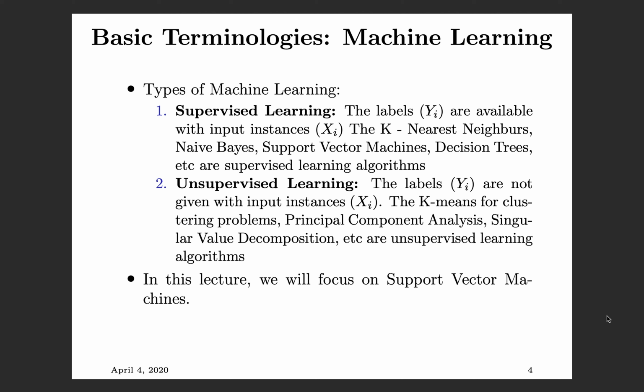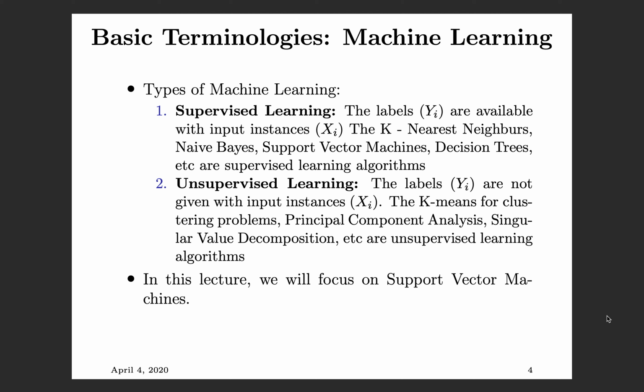Next, there are basically two types of machine learning. Normally we consider three types, the third one being reinforcement learning, but in most books it is given that there are two types. First is supervised learning. In this learning, we are given the labels along with the input instances, which means we are given the actual output.